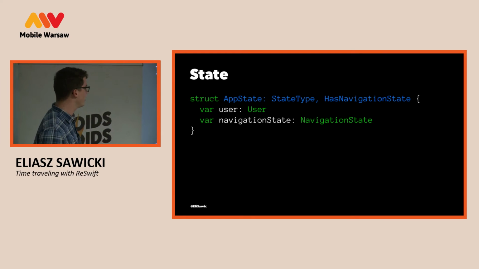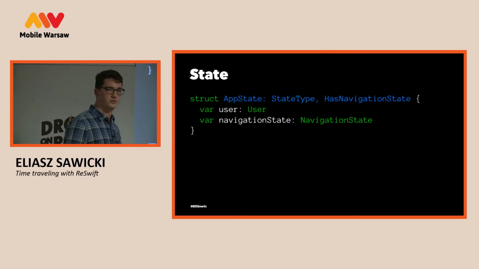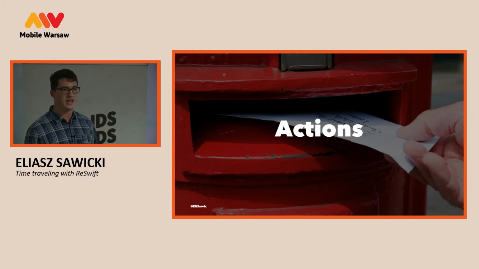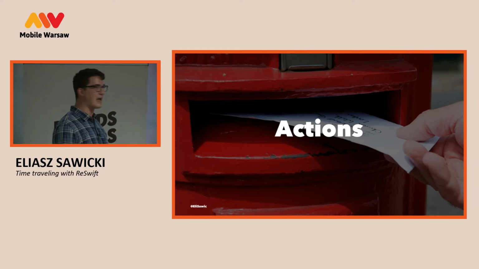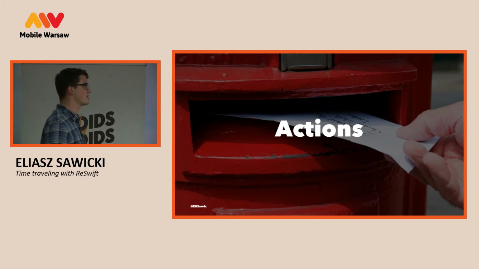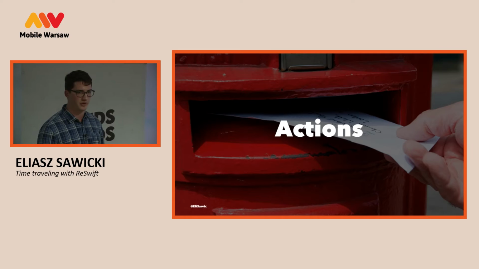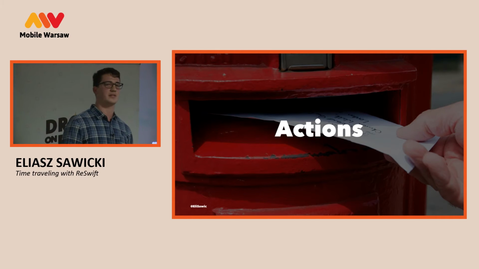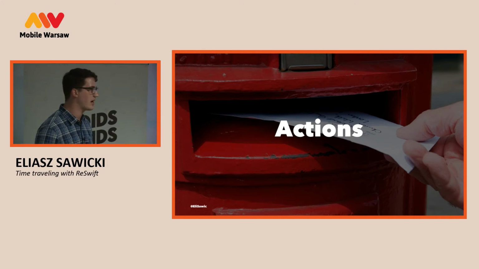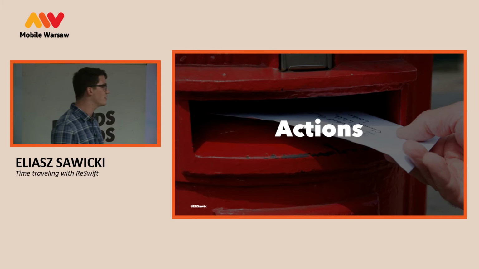So we have the state, and as I previously said, there is only one way to modify this state. So let's imagine this state is an archive, like here. And in order to change it, we basically use actions. And using actions means more or less like writing a letter to a library, for example. We don't have direct access to these archives, but we can write a letter, we can add some payload there, we can give a title to it.